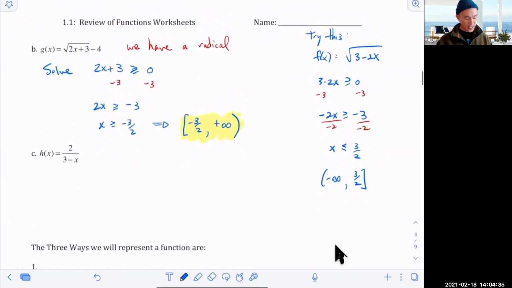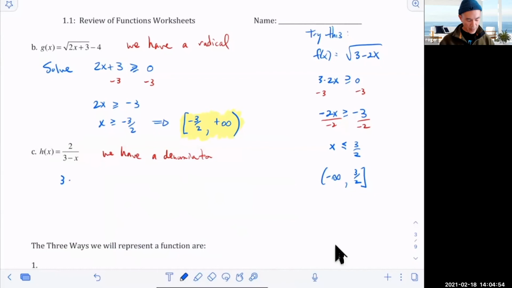If we look at C over here, what's the deal with this guy? I can see that we're going to have a 0 in the denominator. So we simply set that denominator equal to 0. 3 minus x equal to 0. That means 3 is equal to x.